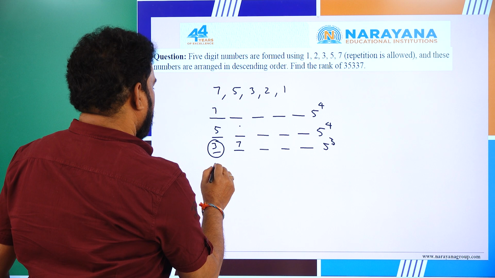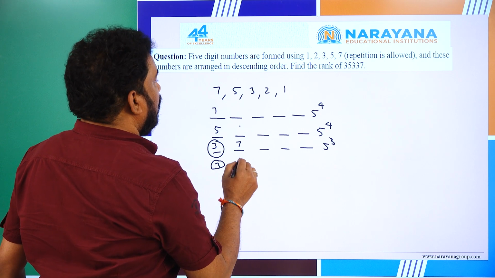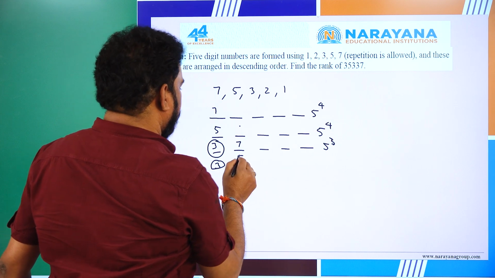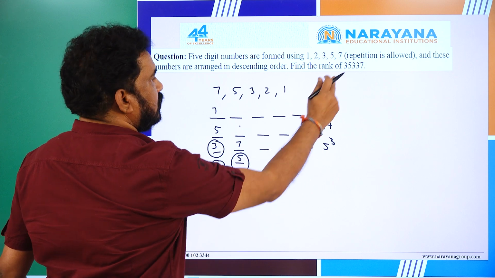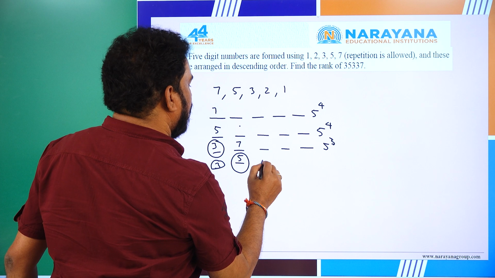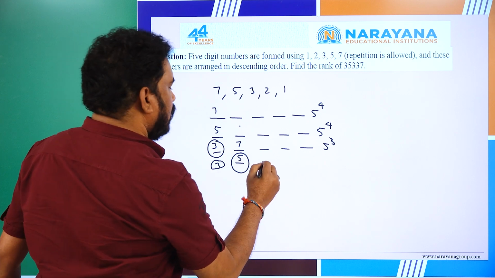Next, 3 is already fixed. After 7 we need to take 5. So 3, 5 also we need to fix, because we are getting the number slowly. Next again we start with 7. These 3 and 5 are fixed, we should not change them.